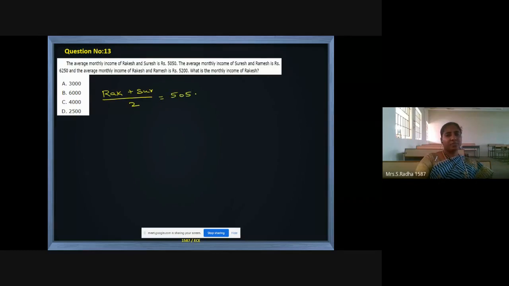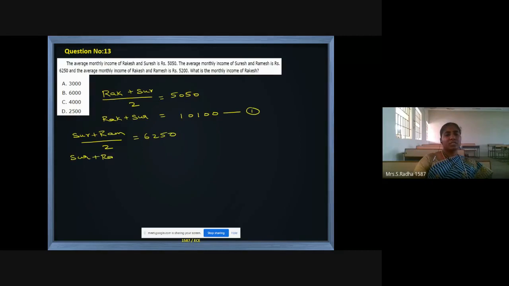For Rakesh and Suresh the average is 5,050, so if we add their salaries it is 10,100. This is equation 1. Second equation, the average salary of Suresh and Ramesh, sum of the salaries by number of people, is 6,250, so the sum of their salaries is 12,500.